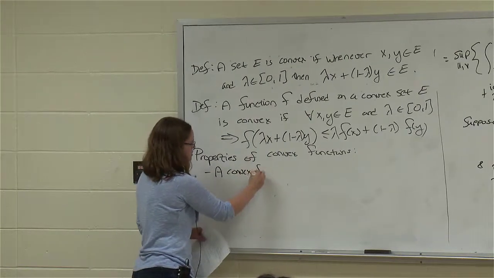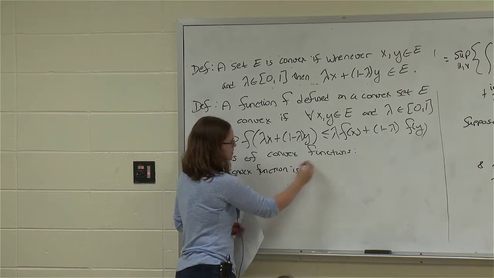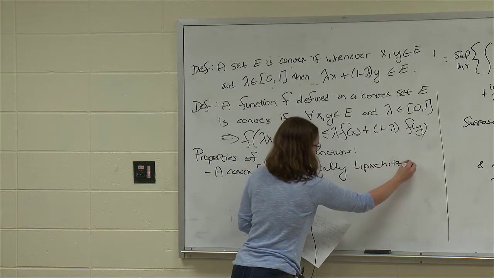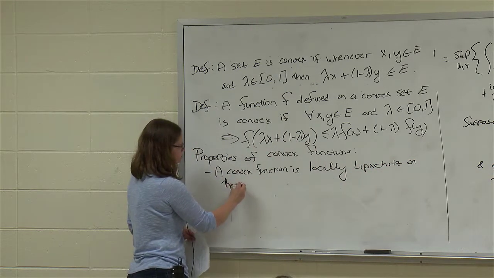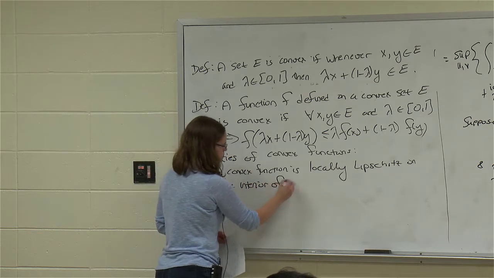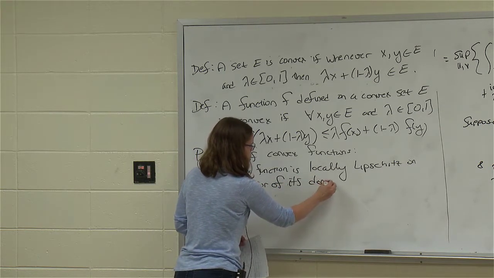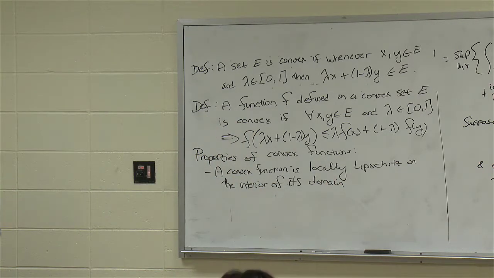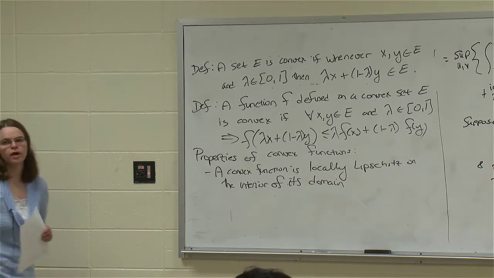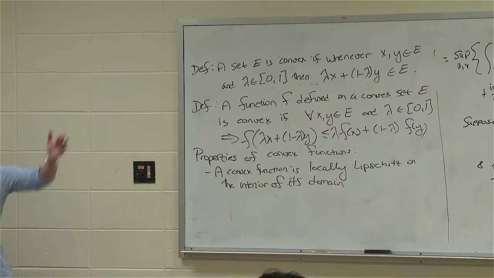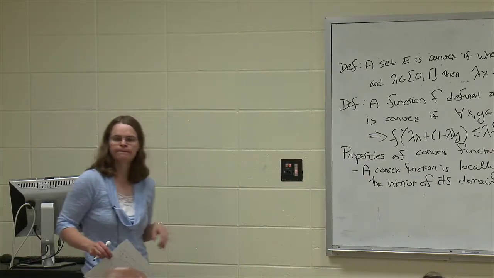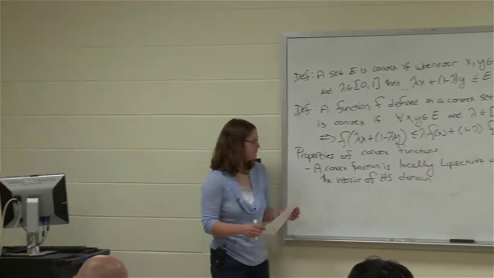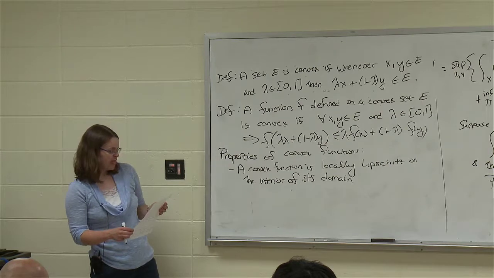So a convex function should be locally Lipschitz on the interior of its domain. Not necessarily up to the boundary. You could have gradient blow up at the boundary, for example. You can actually have discontinuities at the boundary. So it's locally Lipschitz.